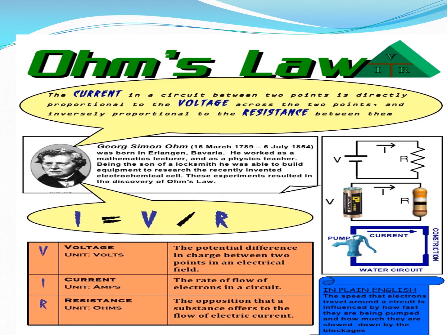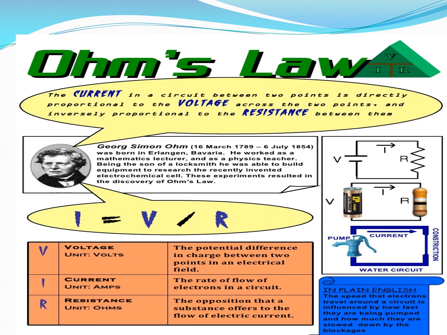V. So we get a relation V is equal to IR, where R is nothing but the resistance. So you can say the current in a circuit between 2 points is directly proportional to the voltage across the 2 points. Current is the output, voltage is the input. If you increase voltage, you will get more current.